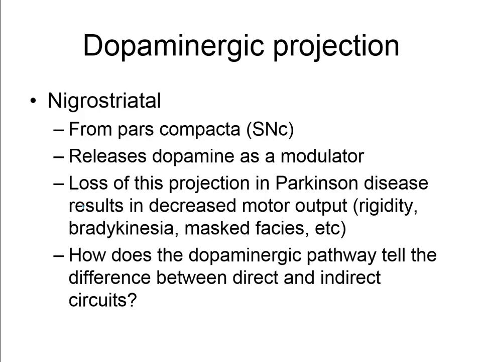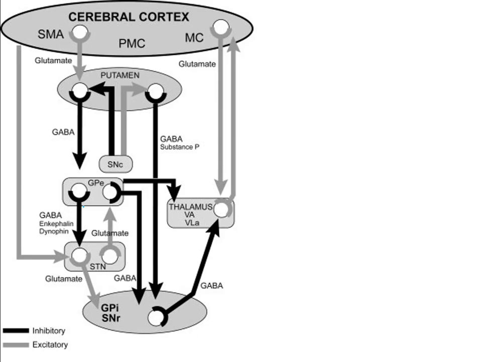We lose this in Parkinson's, and the real key question is, how do you know the difference between direct and indirect pathways? Okay? So if we draw the map like this, we've got our motor cortex talking to our neurons sitting here in the putamen, some of which go directly. So this is a neuron in the putamen that goes directly down to GPI. Which pathway is this? Okay.